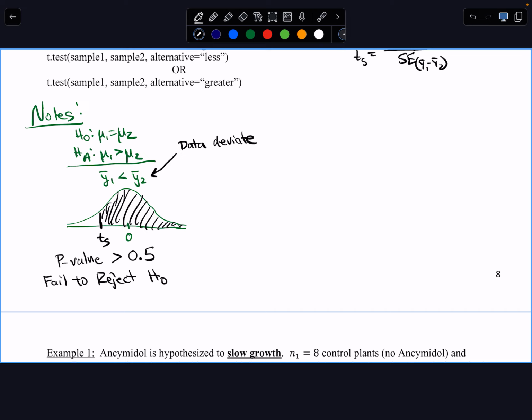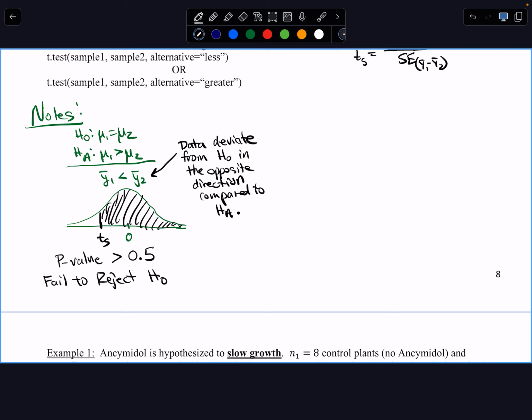Our data differs from our null. This is pretty much always going to be the case. It's unequal to the null, but in the opposite direction compared to our alternative hypothesis.